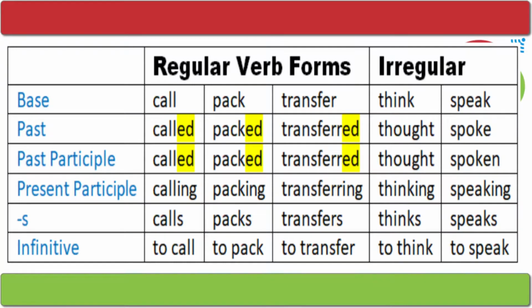Some verb forms are easy or regular. They can be easily remembered because their past form and past participle form are made by just adding D or ED at the end of the verb. Because these are found regularly in English, they are called regular verb forms. Others are irregular verb forms.